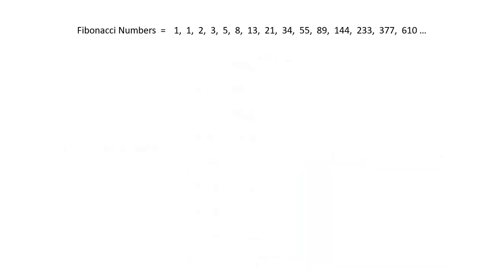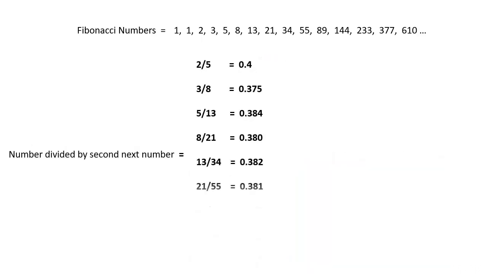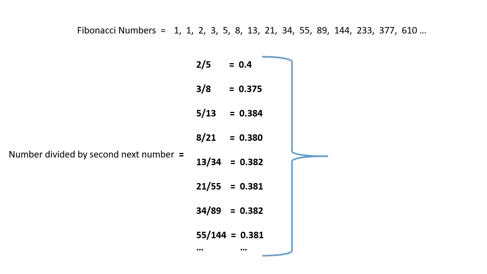Again, if you take any Fibonacci number other than 1 and then divide that number by its second next Fibonacci number, then the quotient will be 0.382 or near 0.382. This 0.382 ratio is the 38.2 Fibonacci retracement level, which is the second Fibonacci retracement level.